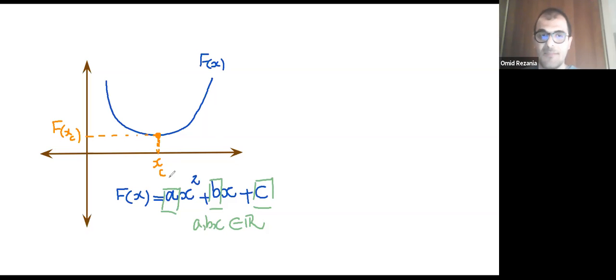Guys, look at that. What can you infer about the sign of a? Because the function opens up, pointing upwards, we talked about yesterday that a has to be positive.